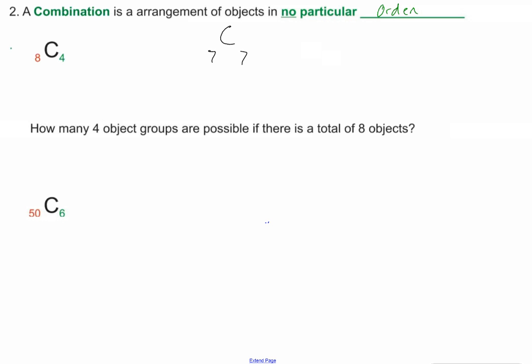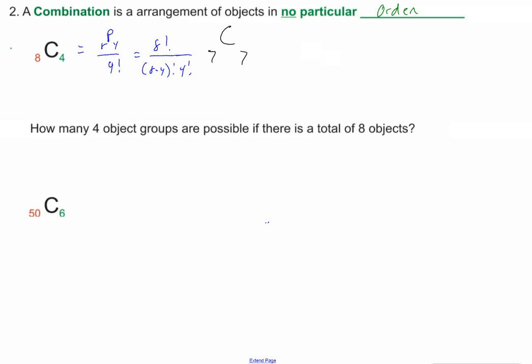So again, combination, the formula, most prefer the formula of a permutation divided by 4 factorial, which is the same as 8 factorial divided by 8 minus 4 factorial times 4 factorial on the bottom. 8 factorial divided by 8 minus 4 factorial, that's the permutation, and then times the 4 factorial.